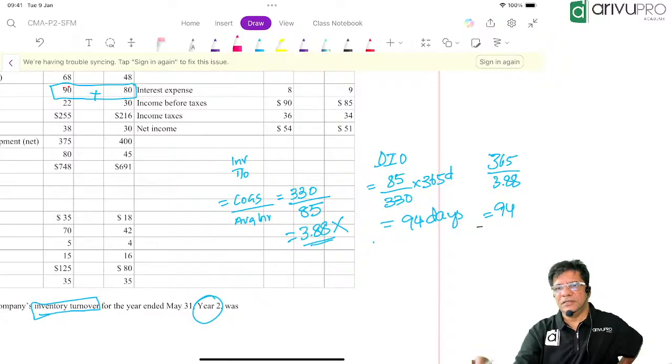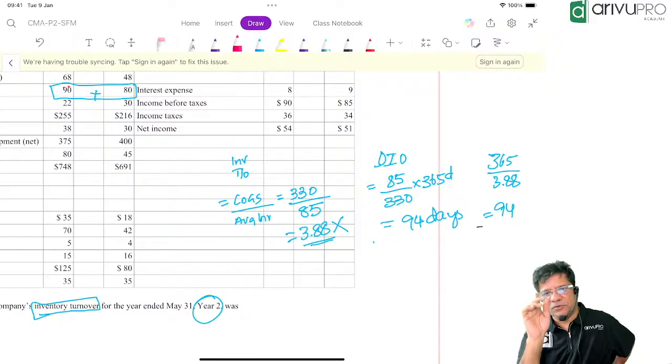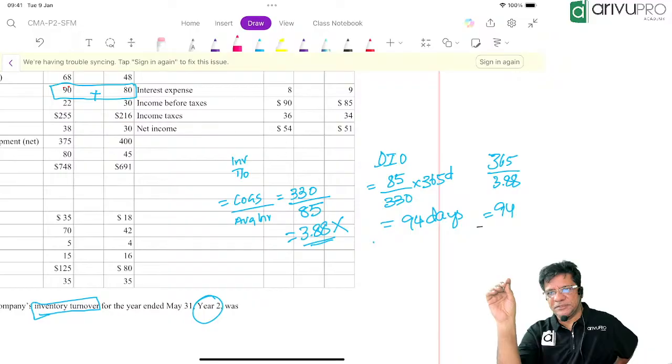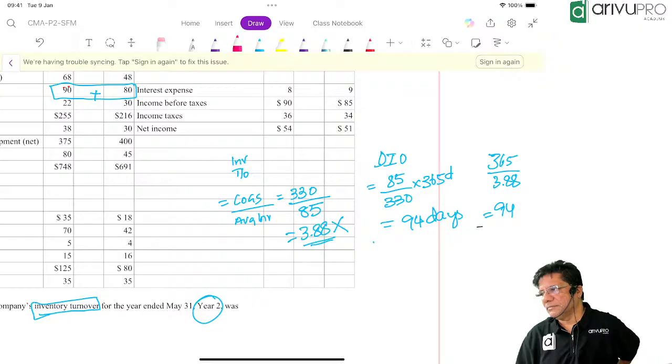This is an alternative easy way. But first you should know turnover. If you know the turnover, 365 days divided by it. If question asks you directly DIO, then you have to use this formula. Shortcut, long cut.